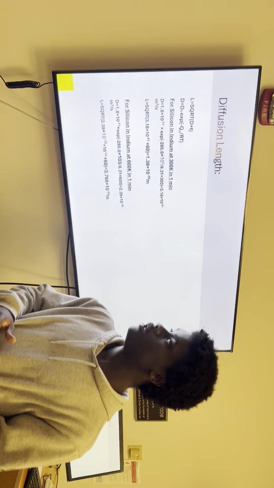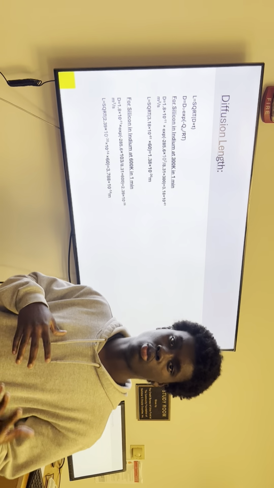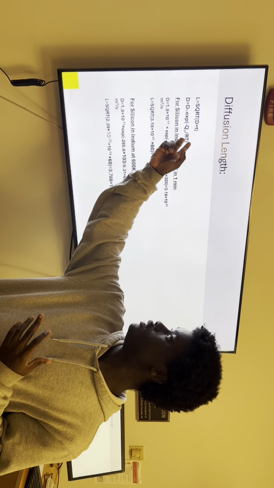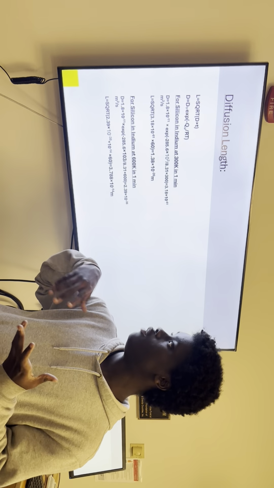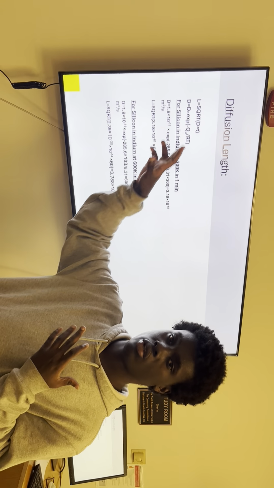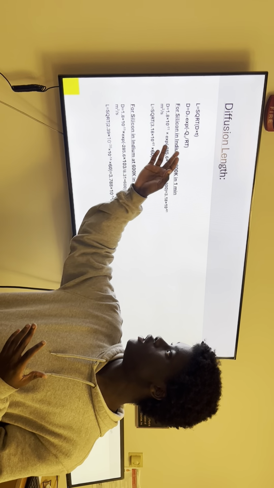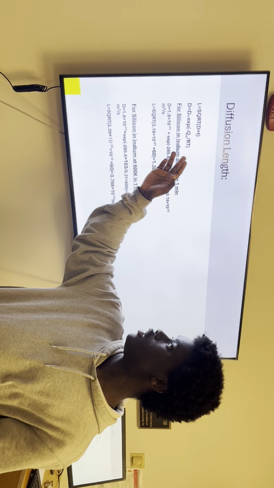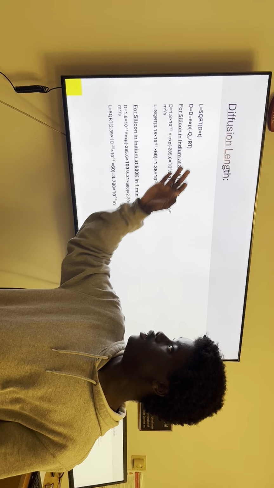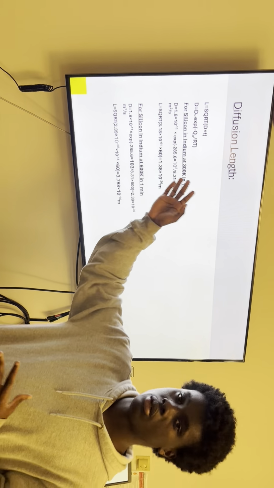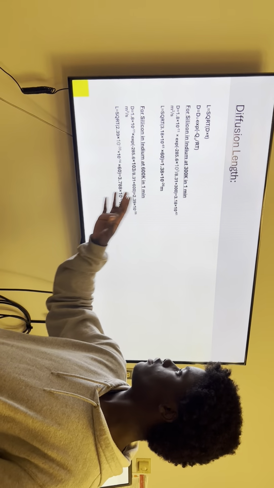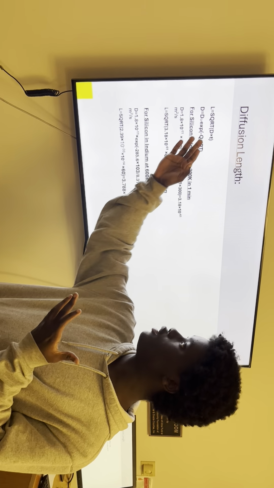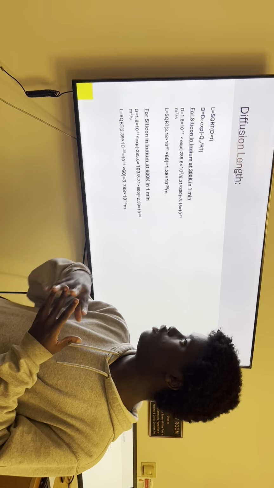So the formula we're going to use is the one we used previously, L equals square root of D times t, t here being the time in seconds, and we also know that D is equal to D naught, the diffusion coefficient, times the exponent of minus Qd, the activation energy, divided by RT, T here being the temperature, excuse me. So we're going to try to find D first and then plug it in the original formula.